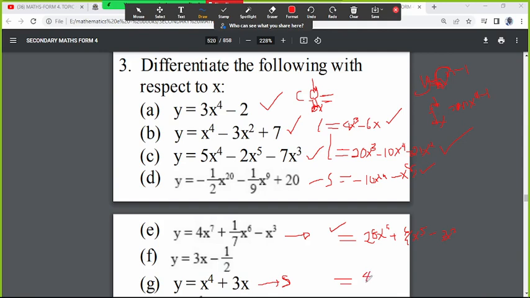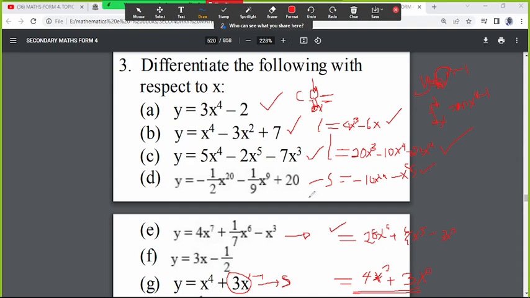4x power 3 plus x. We said differentiating this one, there is 1 here. 1 times 3, 3, x. 1 minus 1 is 0.